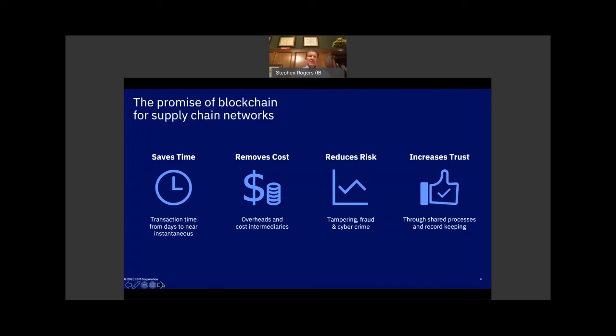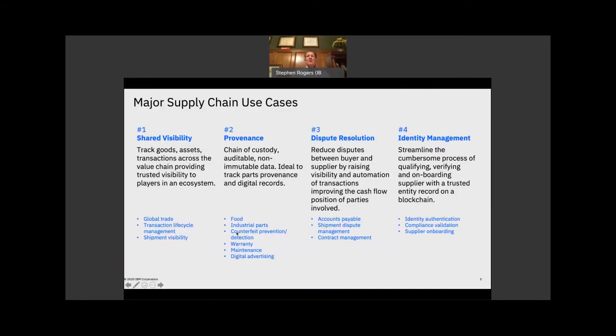Okay. So my next chart talks about where I actually see this being used in the supply chain in industry today.